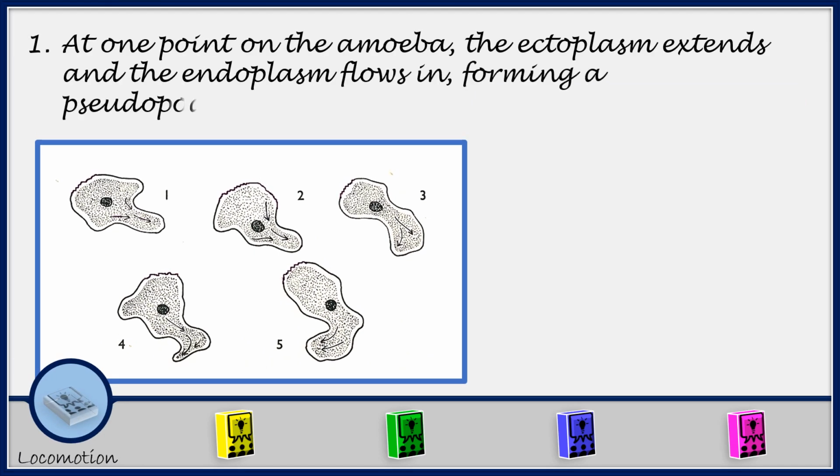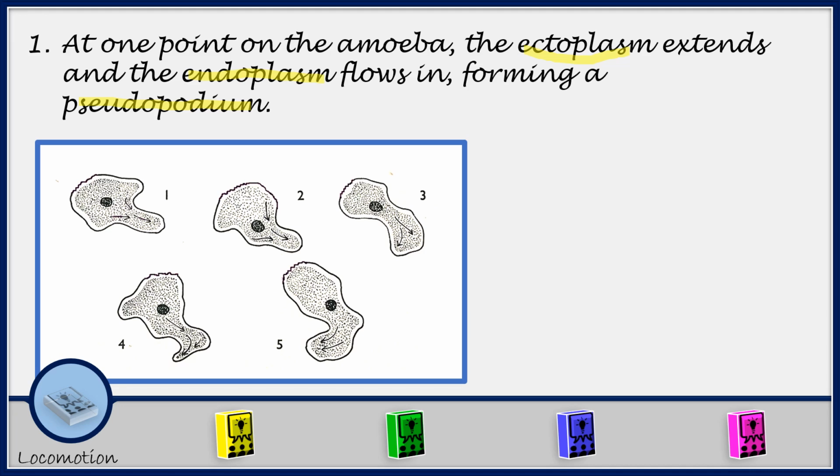At one point, the amoeba's ectoplasm extends and the endoplasm follows in, forming a pseudopodium. So here we are looking at locomotion in amoeba.